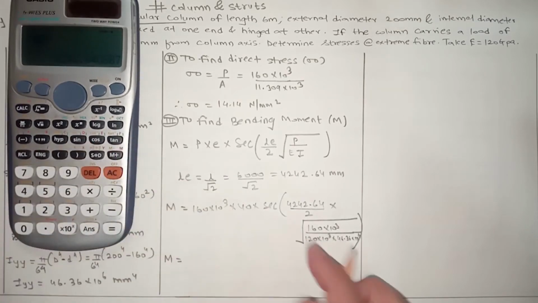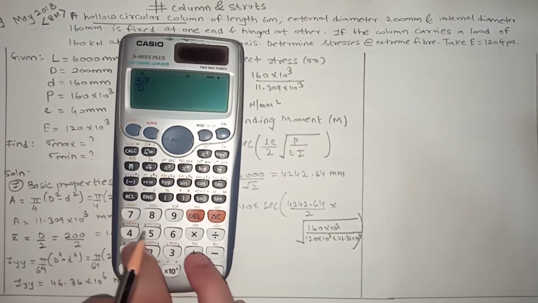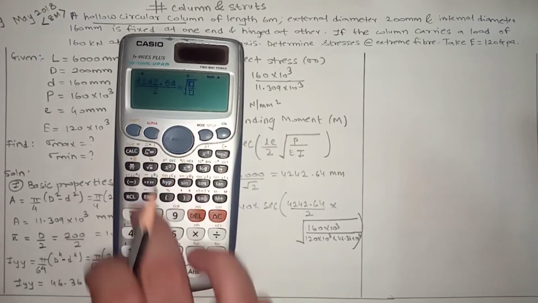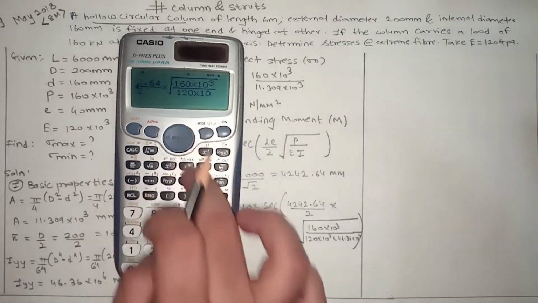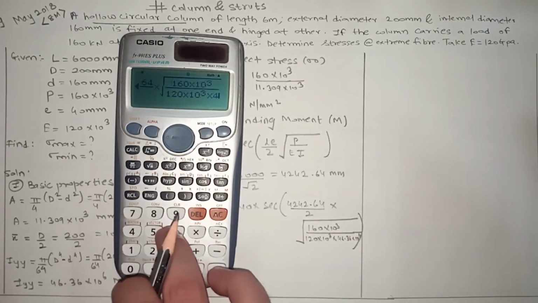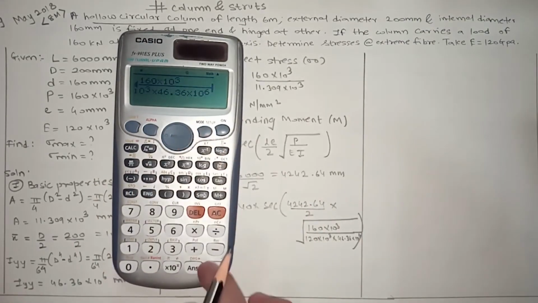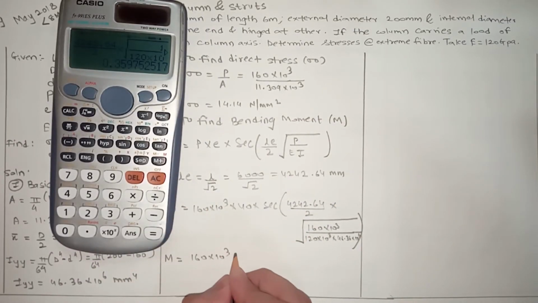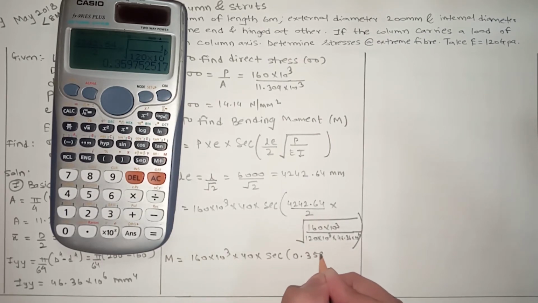So let us first find the bracket term: 4242.64 divided by 2 into under root of 160 into 10 raised to 3 divided by 120 into 10 raised to 3 multiplied by 46.36 into 10 raised to 6. So this answer is 0.359.